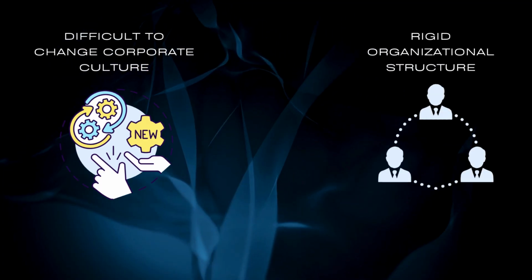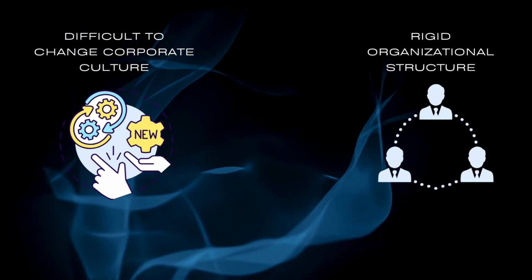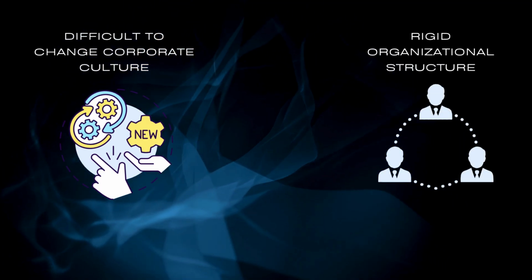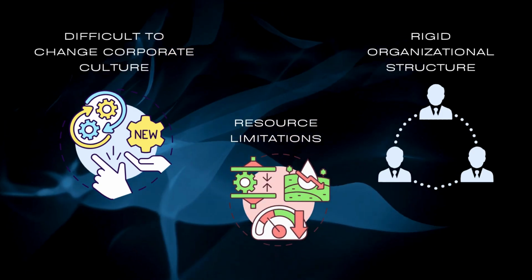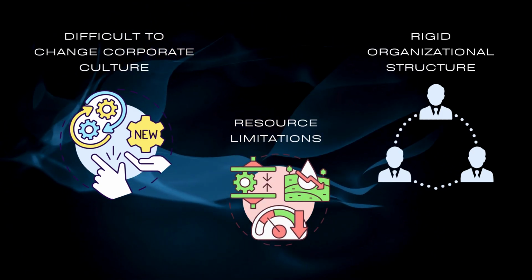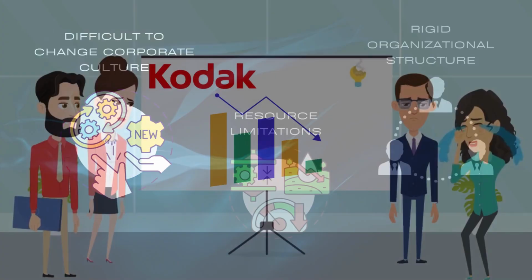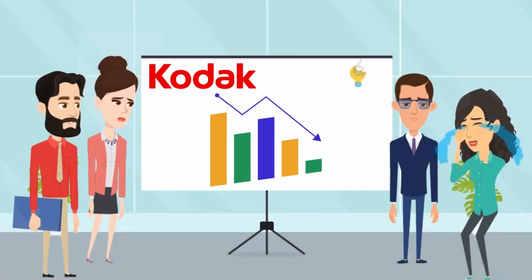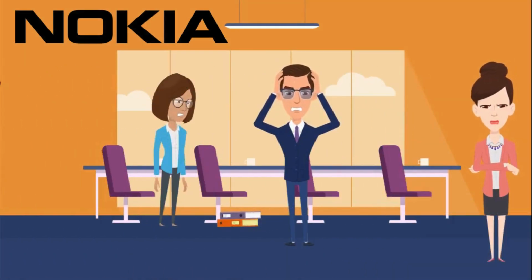Second, rigid organizational structure, which leads to slow decision making, and the last is resource limitations that restrict expansion and development. For example, Kodak failed to adapt to digital technology due to its rigid corporate culture. Nokia lost its competitive edge due to bureaucratic organizational structure.